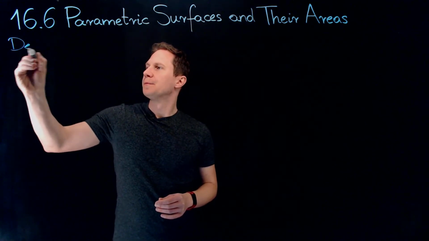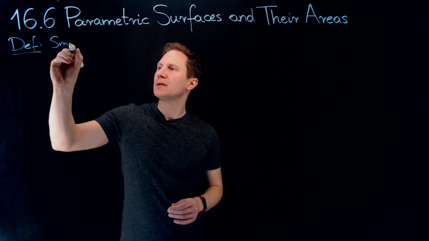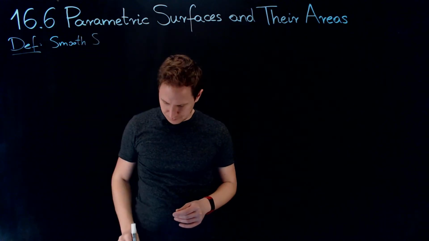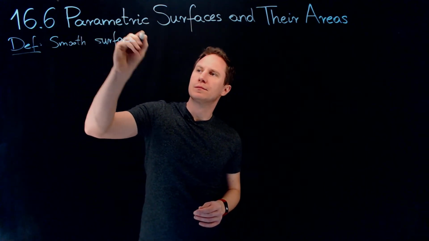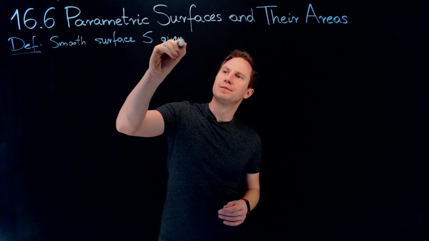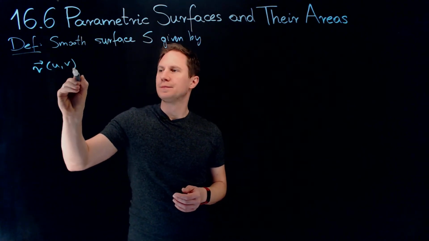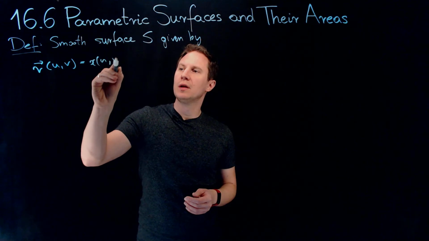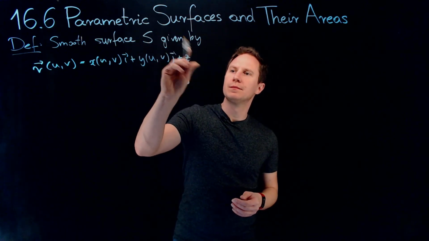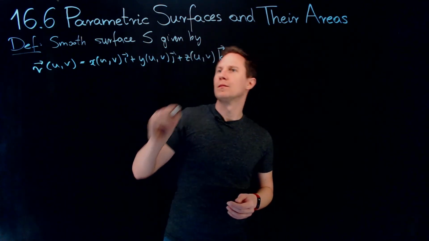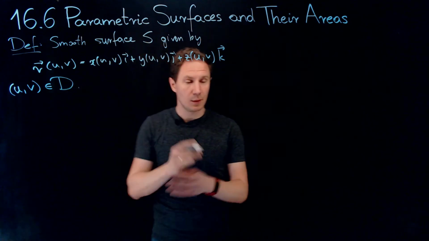So let's assume that we have a smooth surface S given by the vector function r(u,v), with components x(u,v), y(u,v), and z(u,v), such that the pair (u,v) varies over some domain in the UV plane.